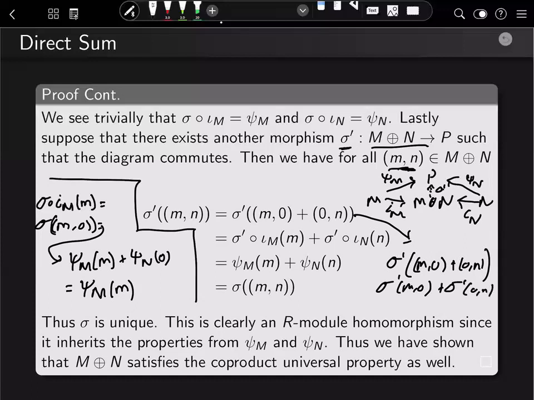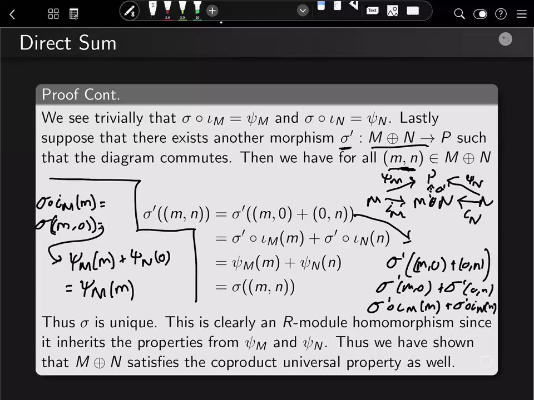Now, we know that (m, 0) is just the image of m under iota sub m. So that's where we get sigma prime composed with iota sub m of m, because iota sub m of m is just (m, 0), plus sigma prime composed with iota n of n. So that's where we get that condition.